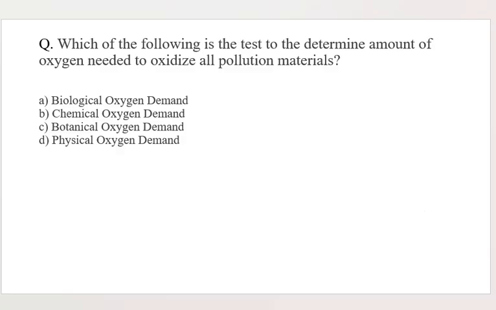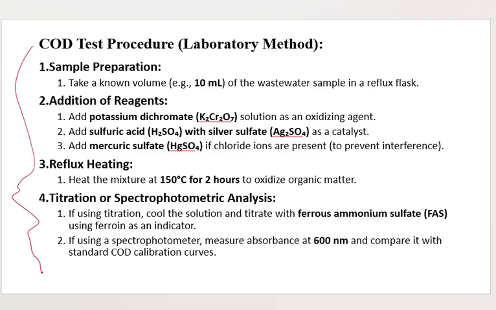I have mentioned the COD test process also, so it will be easy for you to understand COD more. Just take 10 ml of sample water in a reflux flask. Then addition of reagents. We add potassium dichromate. For what purpose do we add potassium dichromate? This solution is added as an oxidizing agent. Oxidizing means to break down.